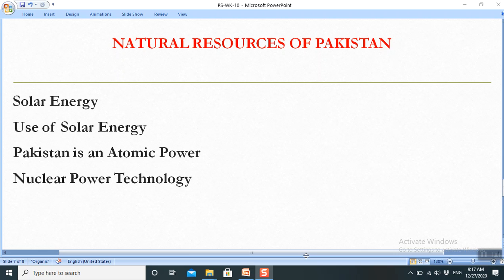Well, now it is time to look a bit away from the traditional sources of energy and to explore the other sources like solar and wind energy.